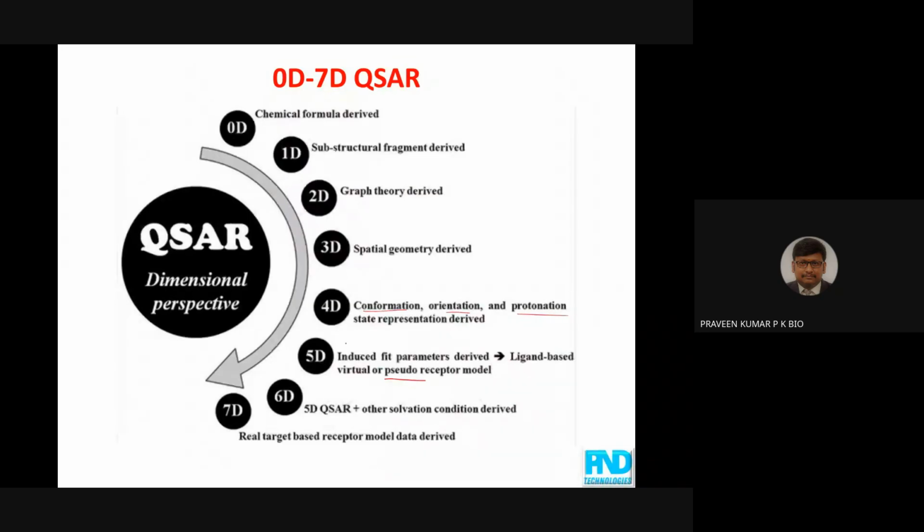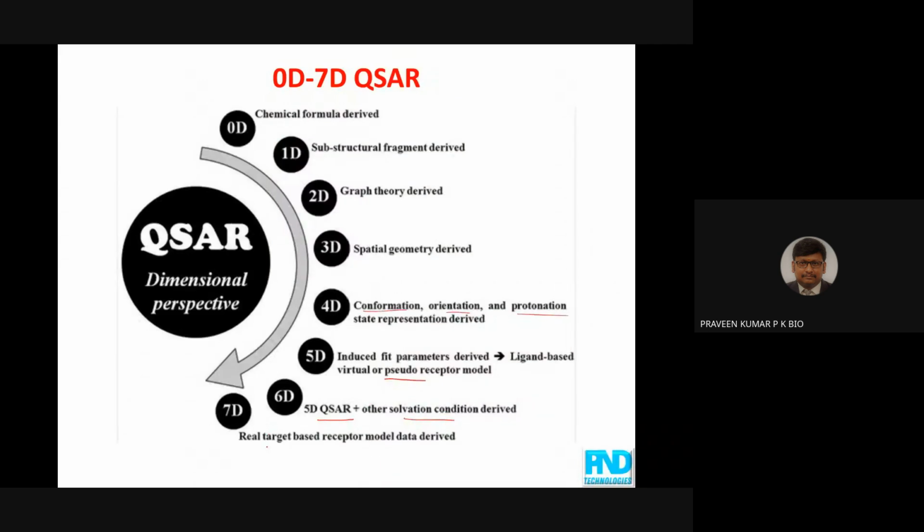So such a kind of docking, whatever ligand we have, based on the functional groups, whether it's going to bind with the target or not, that kind of prediction comes under 5D. And 6D, you can see the 5D QSAR combined with the solvation condition. For example, finding the binding sites, whether it's going to bind with binding site 1 or 2 or 3 for that pseudo receptor. That also we can predict through 6D, 6 dimensions.